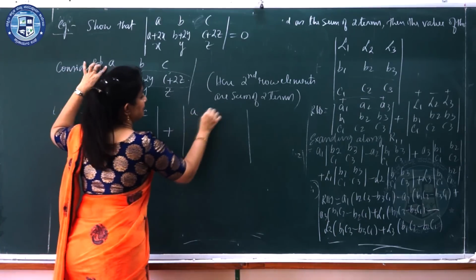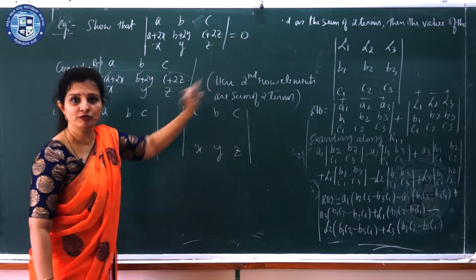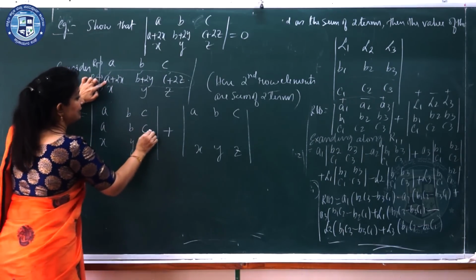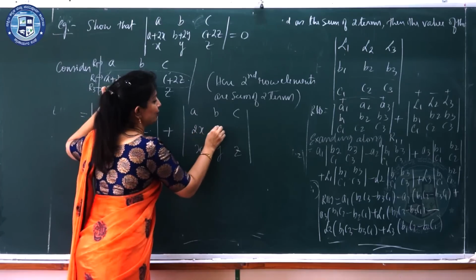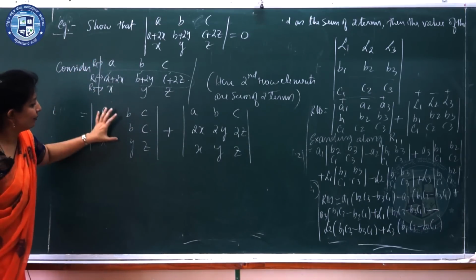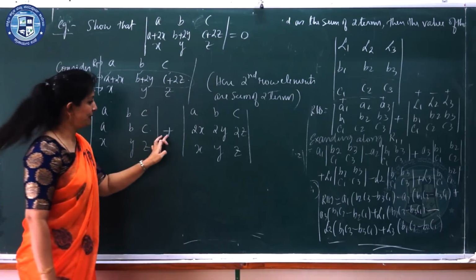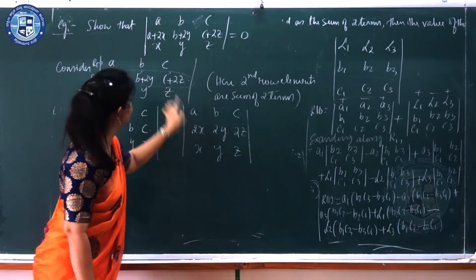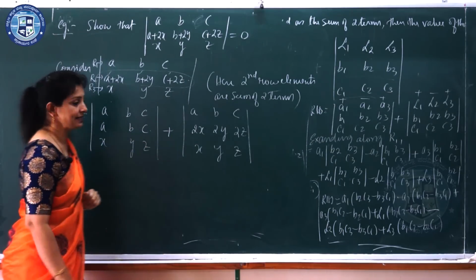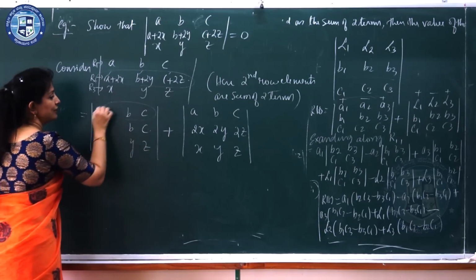Here also A, B, C, x, y, z. In the second row we write A, B, C here, and here the second terms are 2x, 2y, 2z. Did you understand this, students? In the first determinant, the first elements A, B and C are written, plus the second elements 2x, 2y and 2z for the second row of the second determinant. Look at this. What about the elements of the first determinant here?